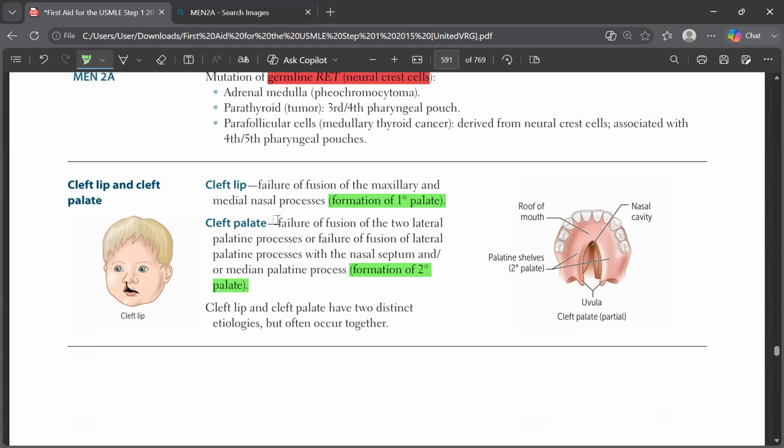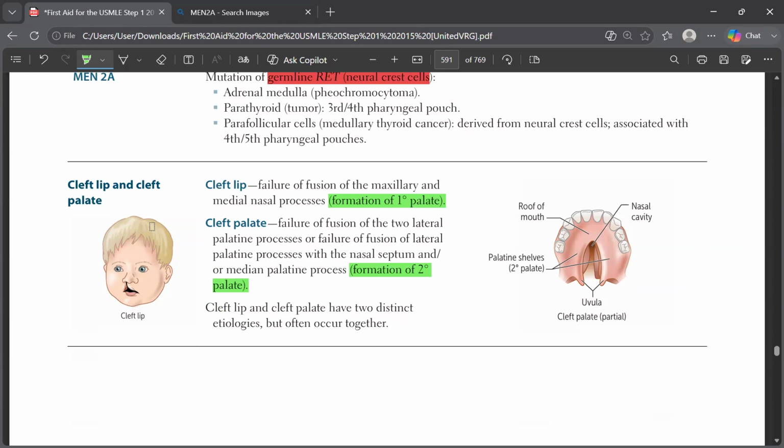So, cleft palate is the failure of fusion of the two lateral palatine processes, or failure of fusion of the lateral palatine processes with the nasal septum and/or median palatine processes. Basically, it is the formation of the secondary palate.